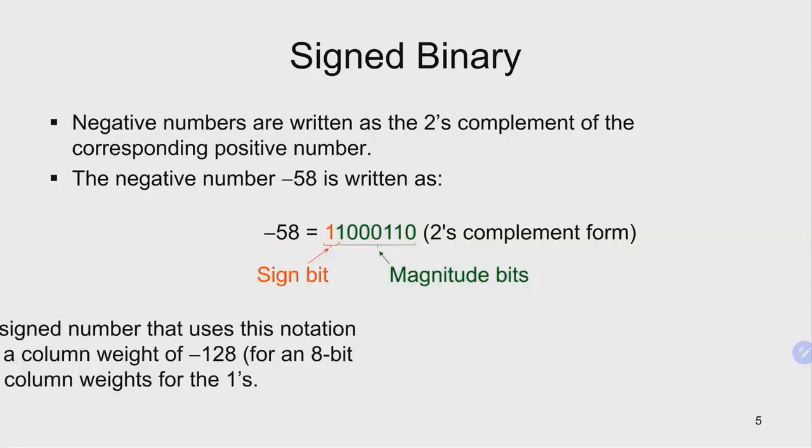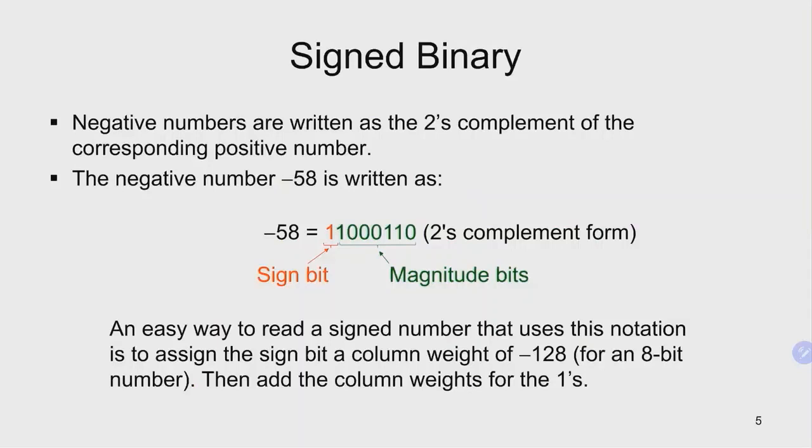Another way of doing it is to assign a value to the 8th bit. Although we said the 8th bit is used as the sign bit, we'll use the 8th bit as minus 128 for an 8-bit system. This is a negative 2 to the 7th, and it gives you minus 128.